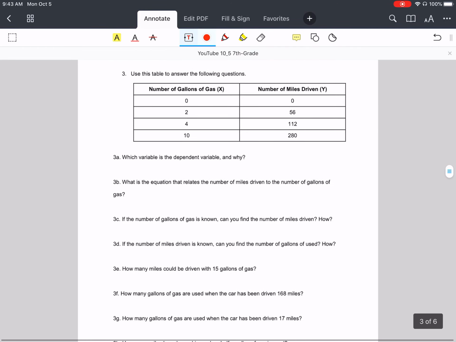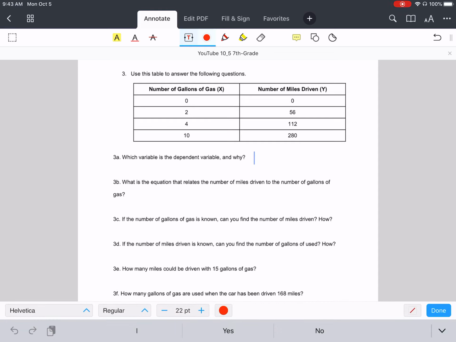Number 3, this is the one that goes all the way from A to I. Use this table to answer the following questions. So, number of gallons of gas, the number of miles driven. So, first question says, which variable is the dependent variable and why?